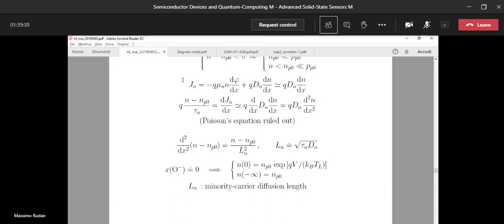Then we take the derivative of Jn with respect to x from the previous equation, okay?